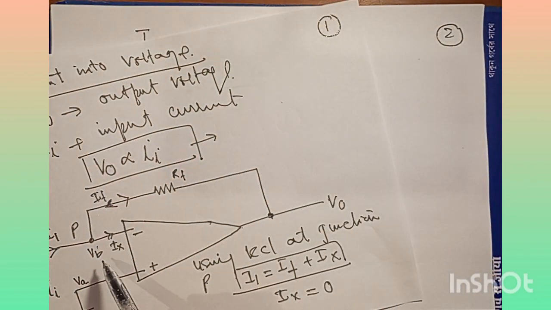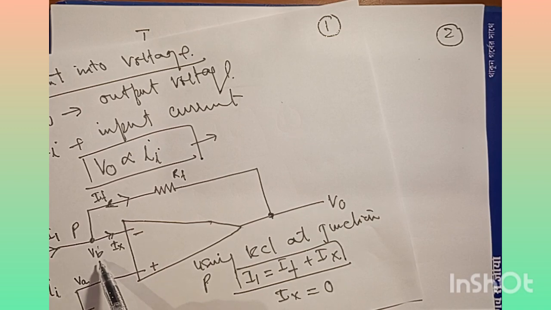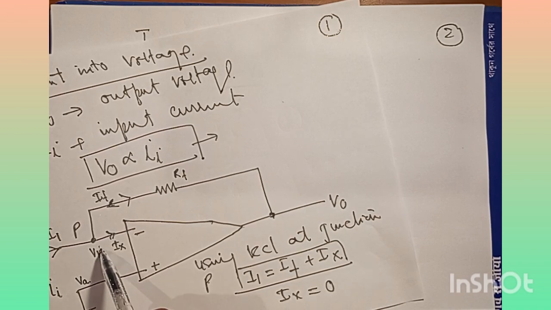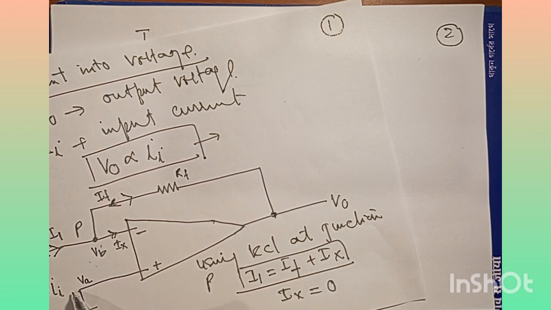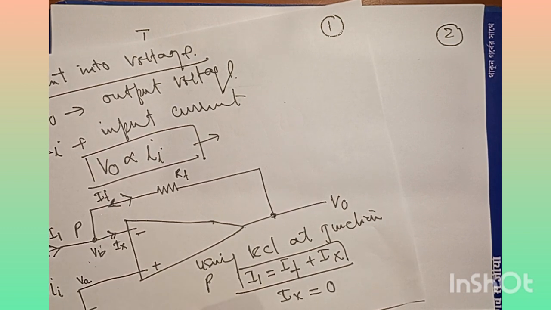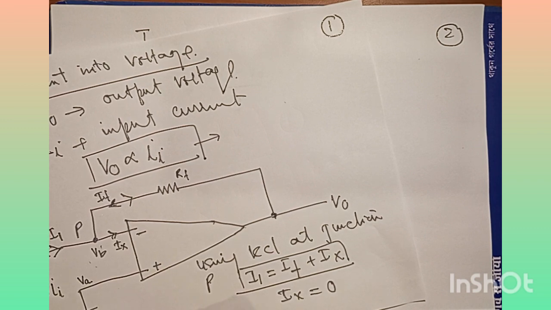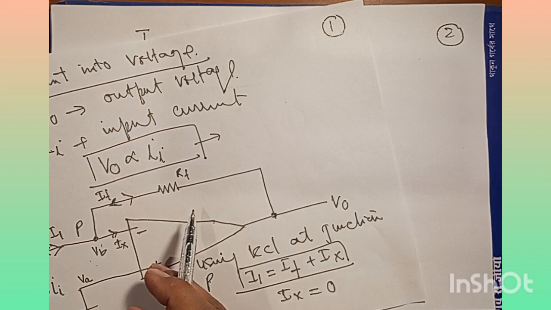And we can immediately think of the virtual ground. This VB is equal to VA, right? So here we have the ground. If this is zero, then VB is also zero.